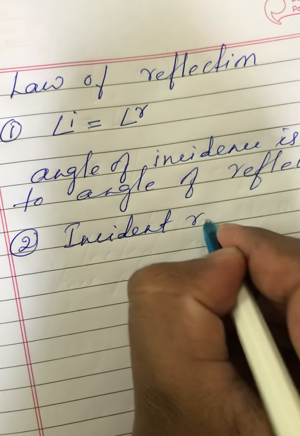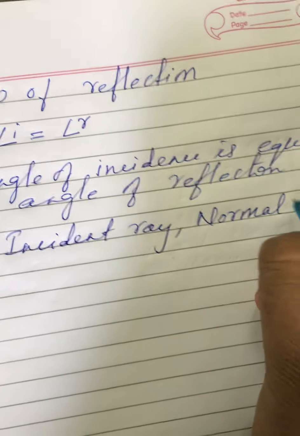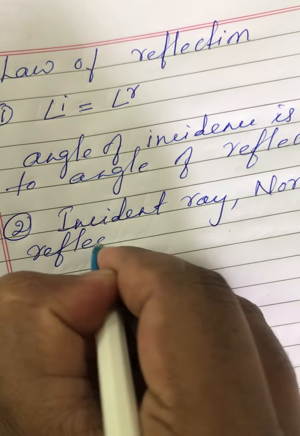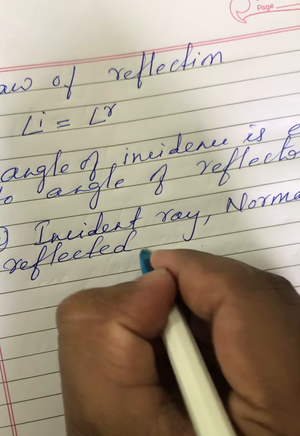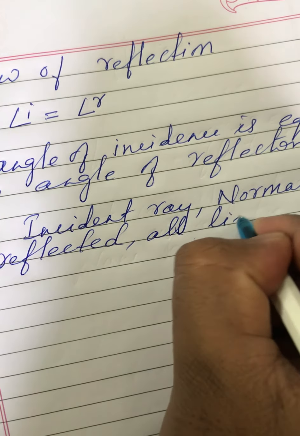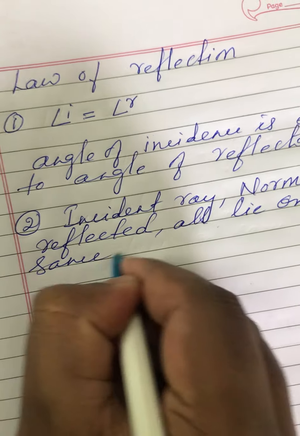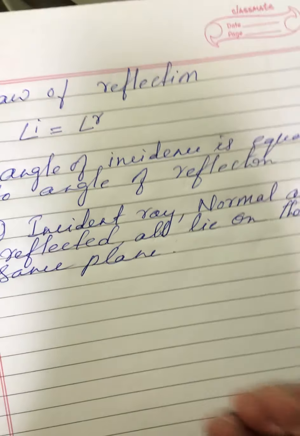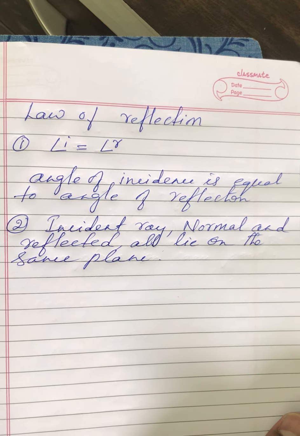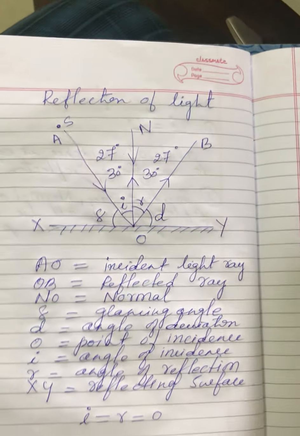Incident ray, normal and reflected ray, all lie on the same plane. Okay, this is all about reflection of light.